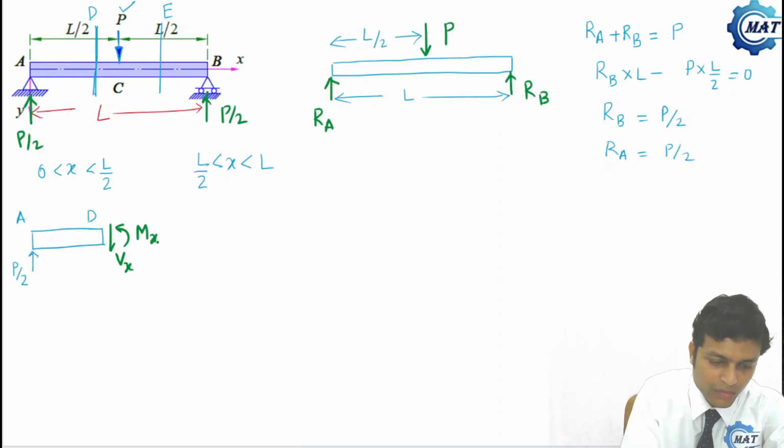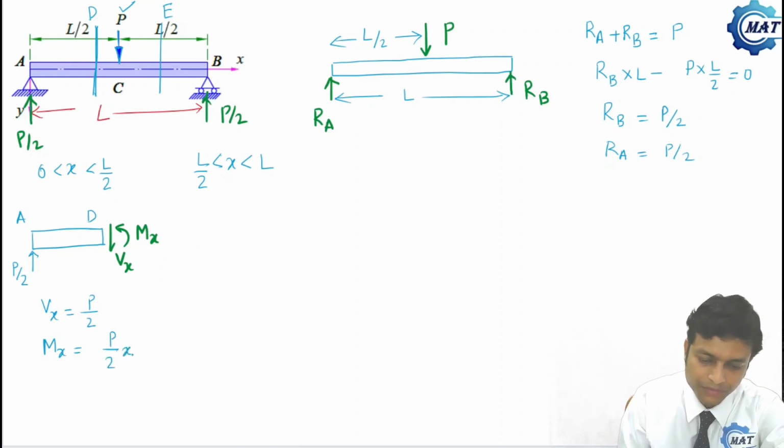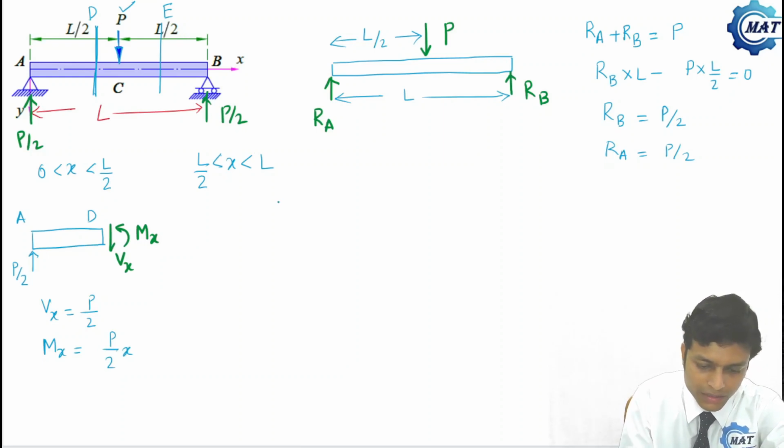From this, if we apply the force equation, we get Vx is P by 2 and Mx is P by 2 x. This is for the range x greater than 0 and less than L by 2.